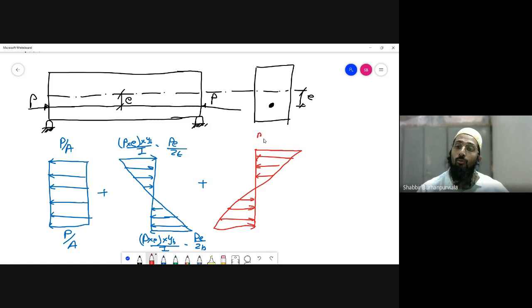So moment into y divided by I, yt, that is equal to M by Zt, and moment into yb divided by I, that is equal to M divided by Zb.